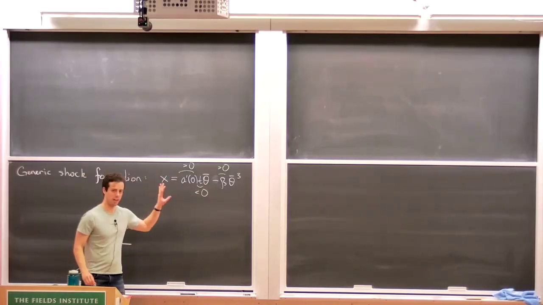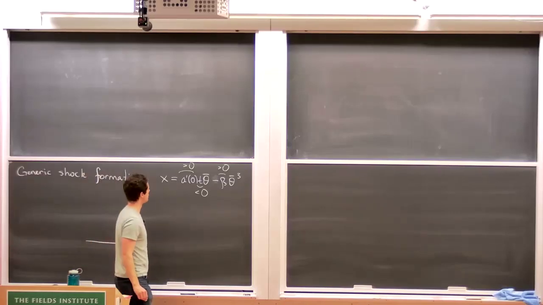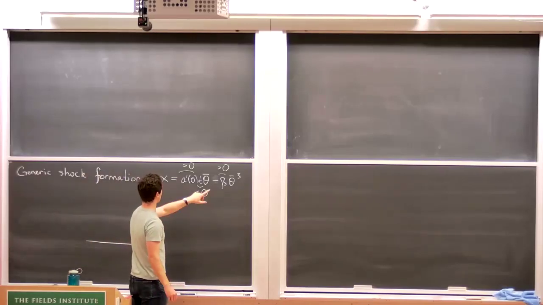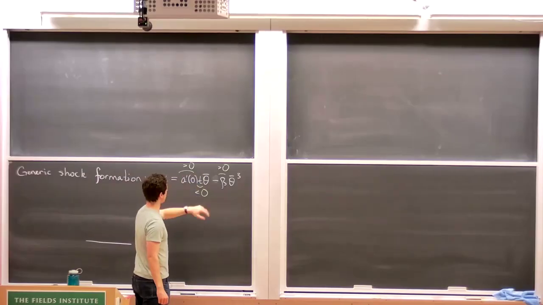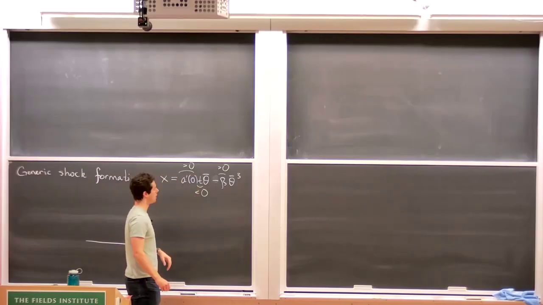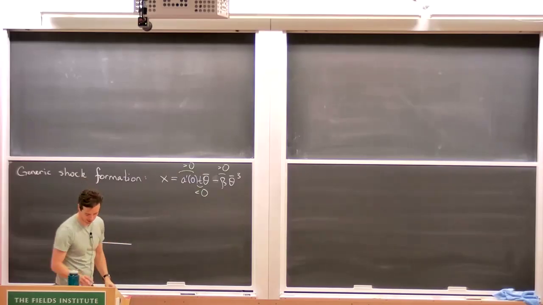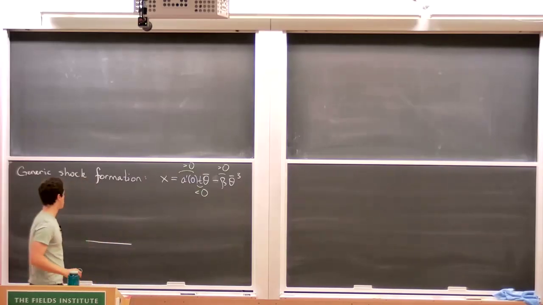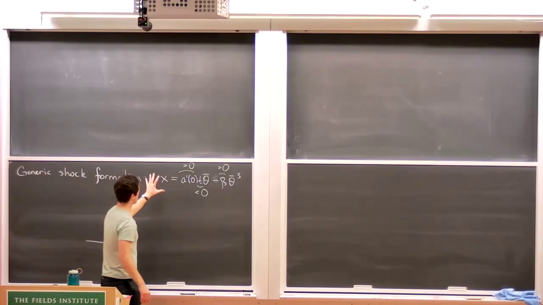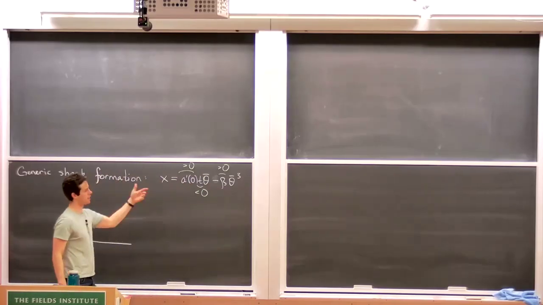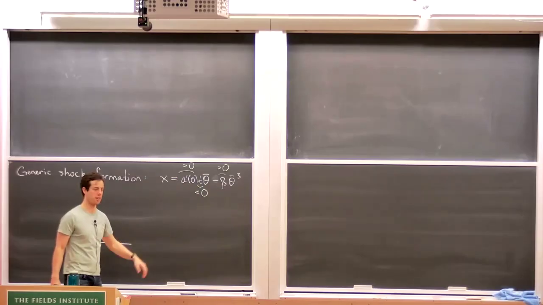So I'm working in the past here, and this gives a smooth cubic expression when t is strictly negative that then forms a cusp when t is equal to 0, reflecting that gradient catastrophe. And so I argue that this is the generic structure for genuinely nonlinear shock formation in a scalar conservation law.